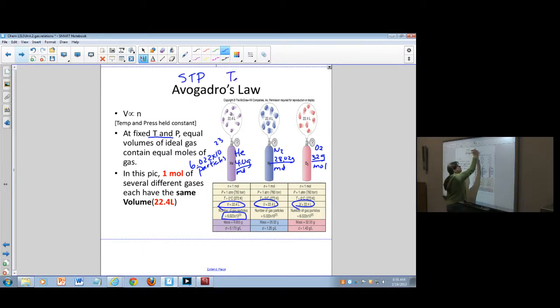Standard temperature is 0 degrees Celsius, or 273 Kelvin. That's not like the thermodynamics, which was usually performed at 25 degrees, but there wasn't a standard temperature. Here, we actually have a standard temperature, and a standard pressure is 1 atmosphere. So at standard temperature and pressure, 1 mole of any gas has the same volume always of 22.4 liters.